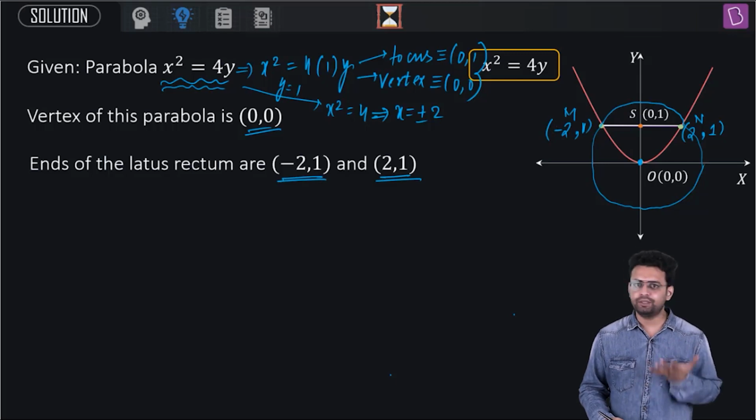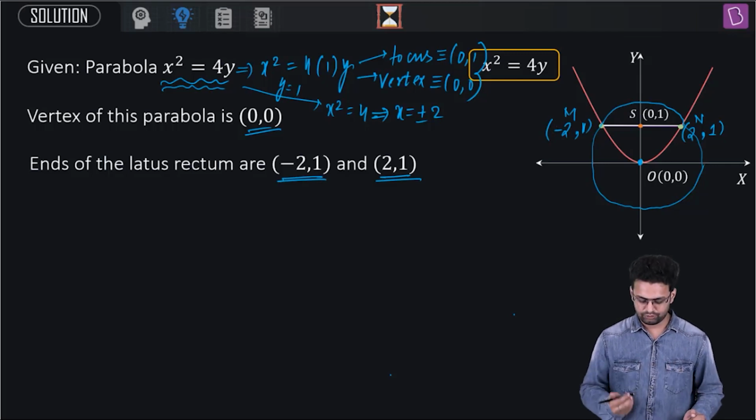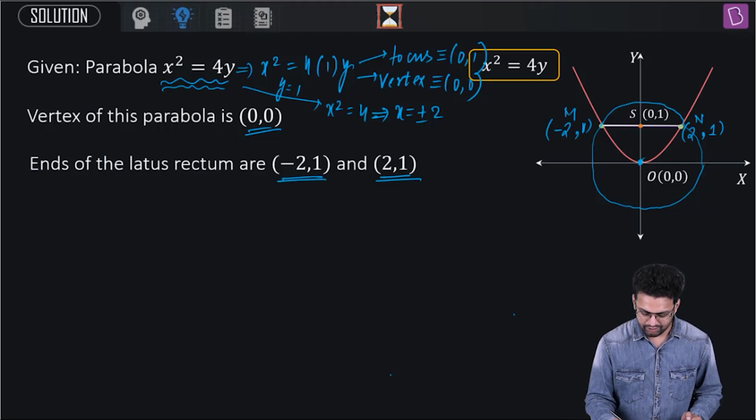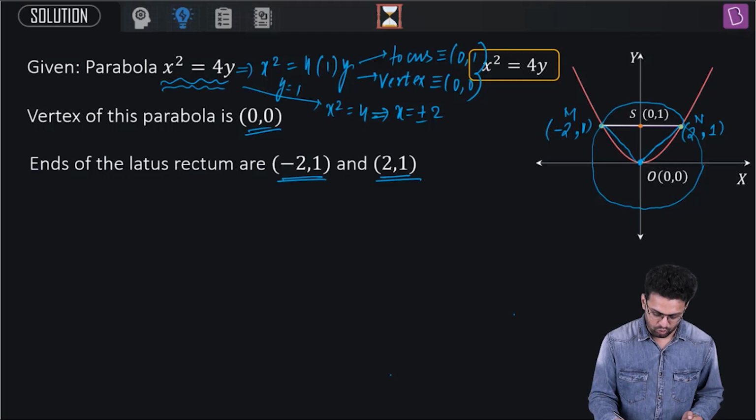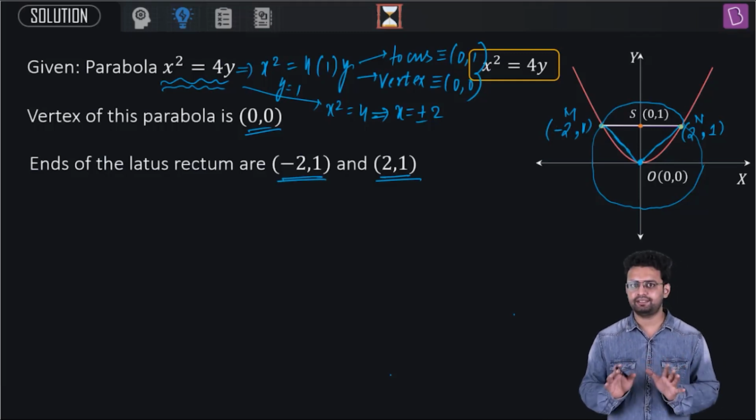To determine the equation of a circle, two things need to be known. One is the center and the other one is the radius. So the center is known. The radius can be known either by calculating the distance ON or by calculating the distance OM, right? Because MN, the latus rectum, is acting as a chord.